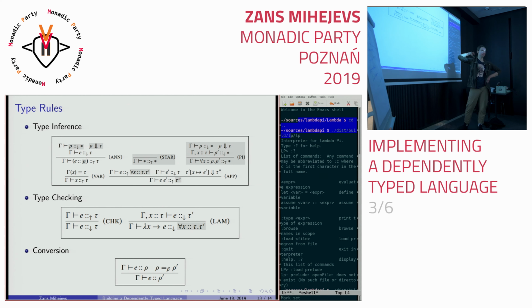Why is it important to add x to the context? Because remember, this is mimicking the same case with the simplified version, where we had lambda x to expression, and because lambda x can be anything, essentially we're assuming it in a context.